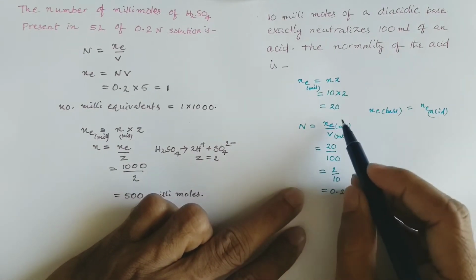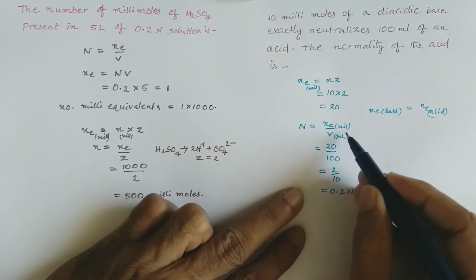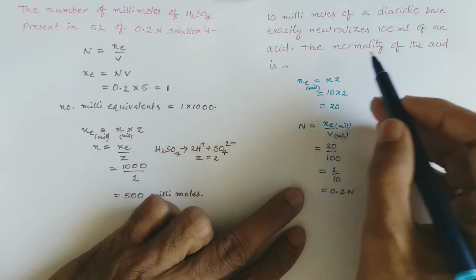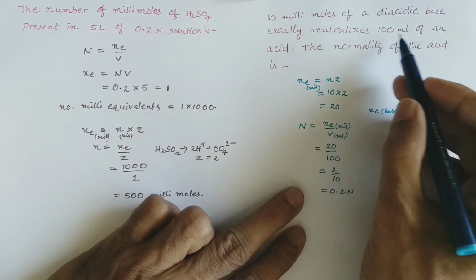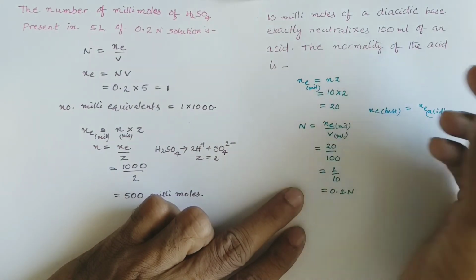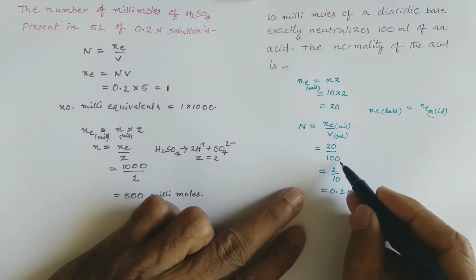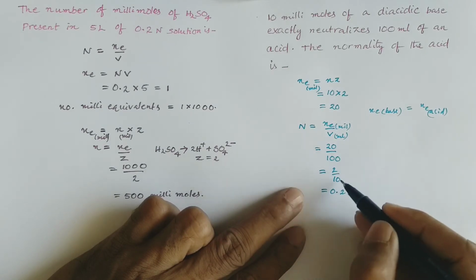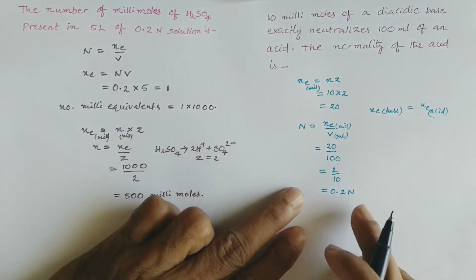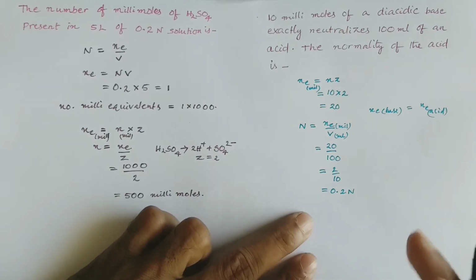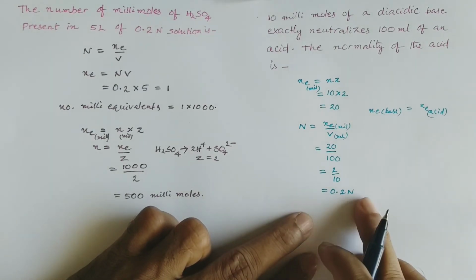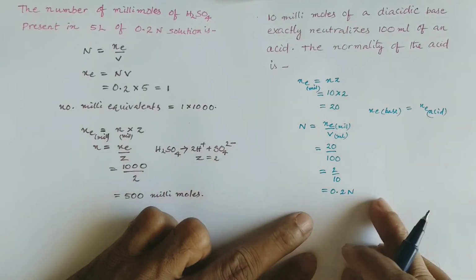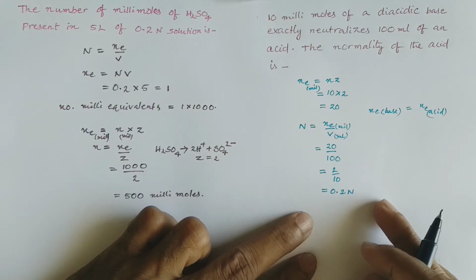So what is the number of milliequivalents? 20, divided by the volume of the solution. The volume of the solution is 100 milliliters, right? So divide with 100. So it is equal to 2 by 10, or 0.2 normal, or 0.2 gram equivalents per liter, right? So that is the normality of the acid.